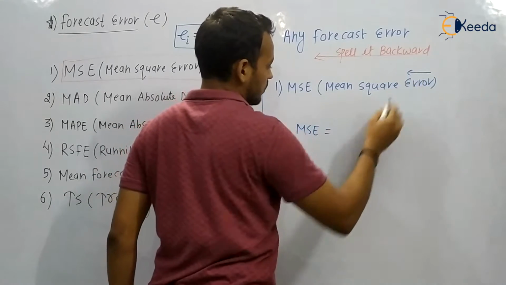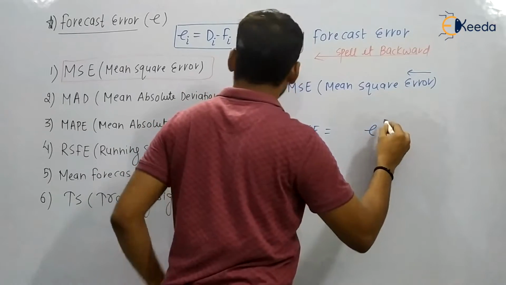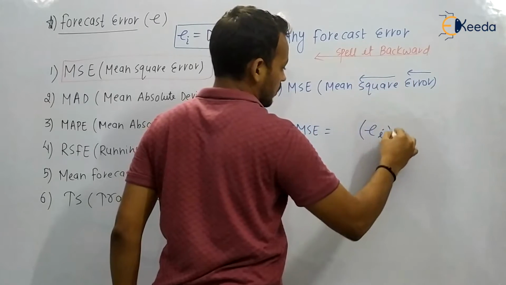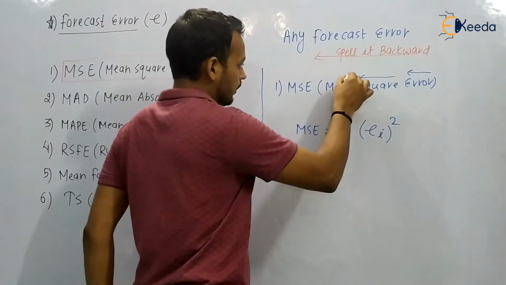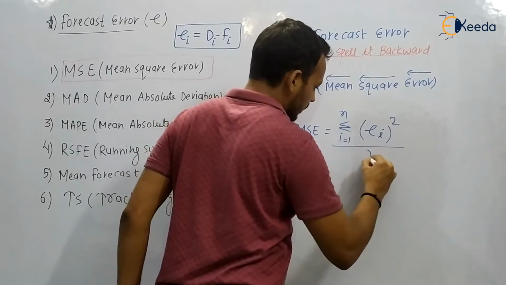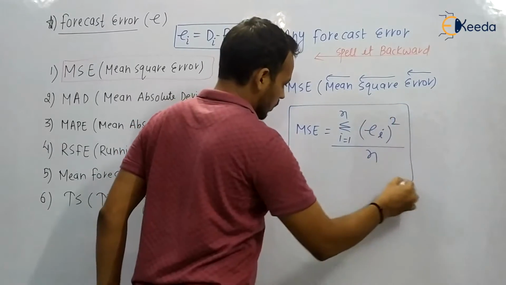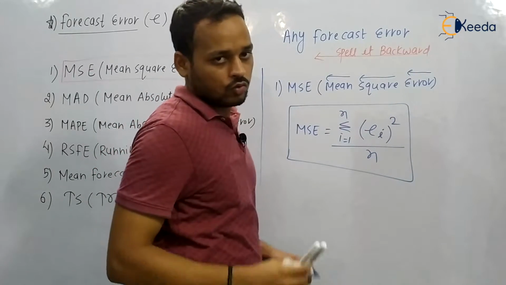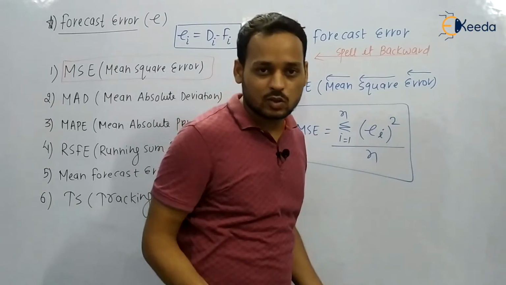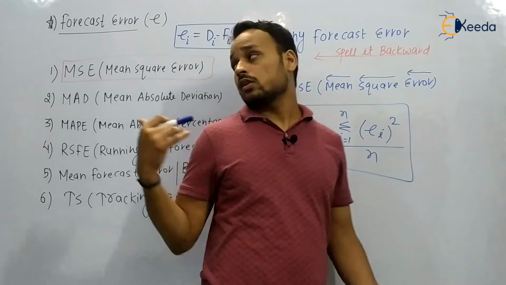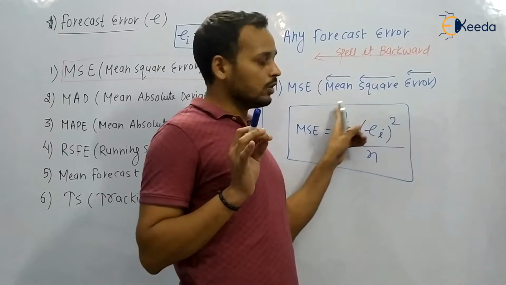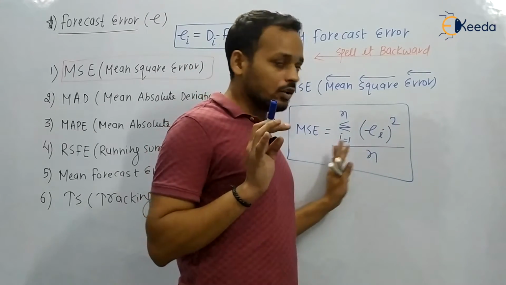So MSE equals to first word is error, error is e_i, then square it. Then take the mean, i equals 1 to n divided by total n. So you have found the formula. No need to remember any formula, just write the name, and the name will be given in the question itself. You have to just write it from the backward direction, and you will get the formulas.